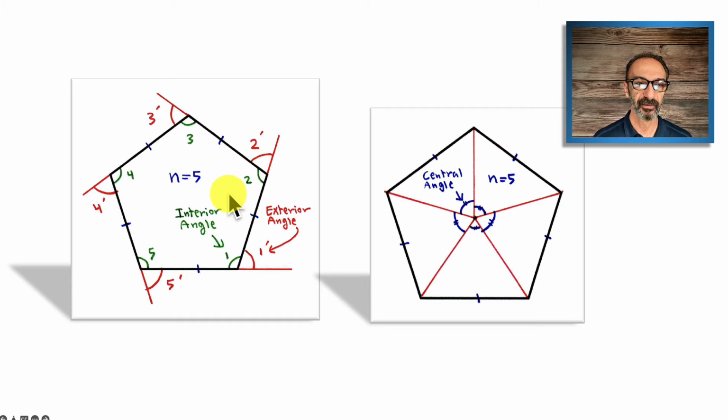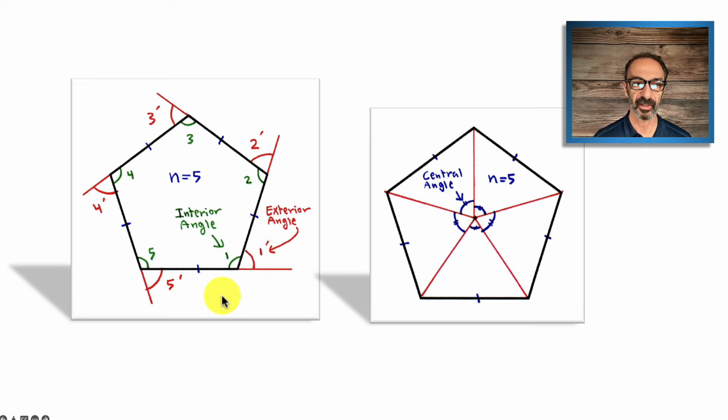Let's move on to the exterior and the interior. This is an interior angle, second one, third, fourth, fifth. If you go around this way, counterclockwise, and you extend each side of the polygon, you will end up with exterior angles.